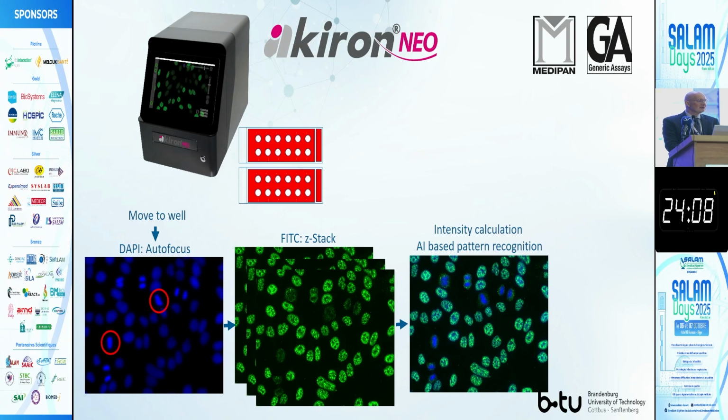What we have done is to develop a desktop system called the Akai Neo that enables automated interpretation of indirect immunofluorescence patterns, for instance, for the detection of anti-nuclear antibodies, but not just for ANA, also for ANCA or the detection of dsDNA antibodies.